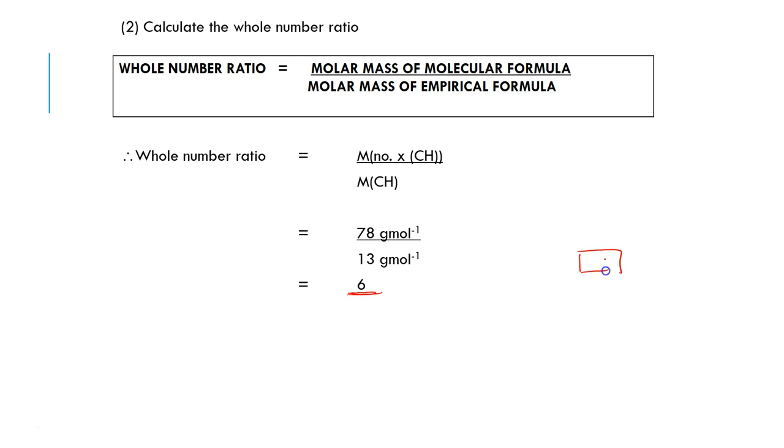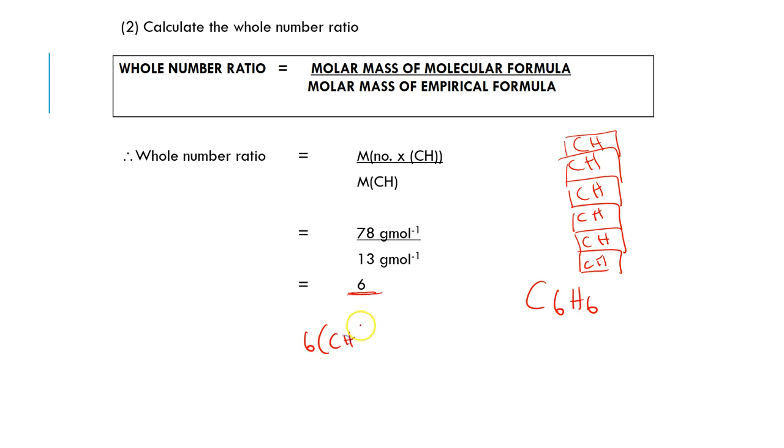So when I put my bricks together, I'm going to have 6 bricks that go together: 1, 2, 3, 4, 5, 6. Each one of those bricks is in the ratio of CH, which means that when I add all that together, it will be C6H6, or 6 times CH.